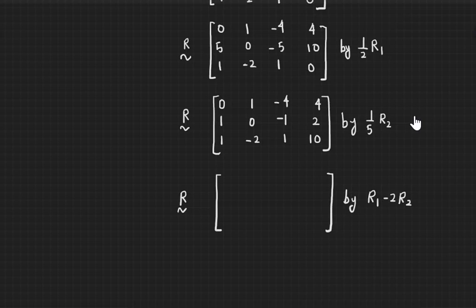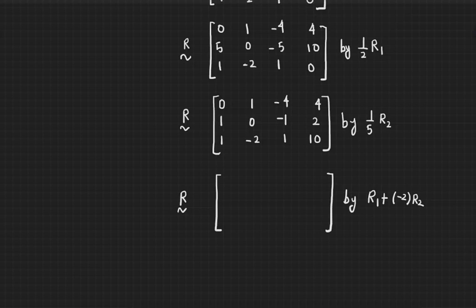So I need to multiply all the entries of R2 by minus 2. Let me write this in a clearer form: R1 plus minus 2 times R2. Now this is much clearer. So we are replacing R1 by the sum of itself and a multiple of R2, that is minus 2 times R2.